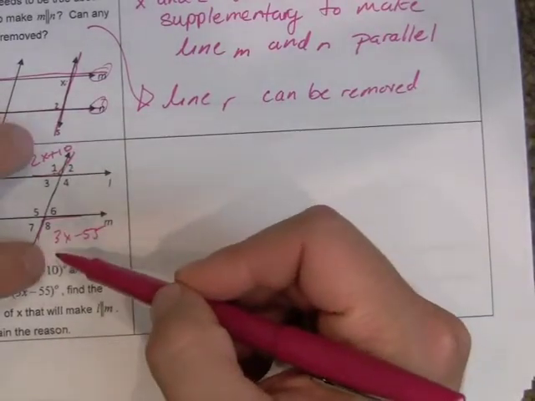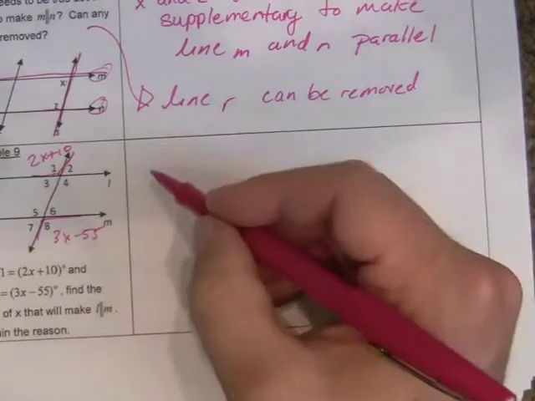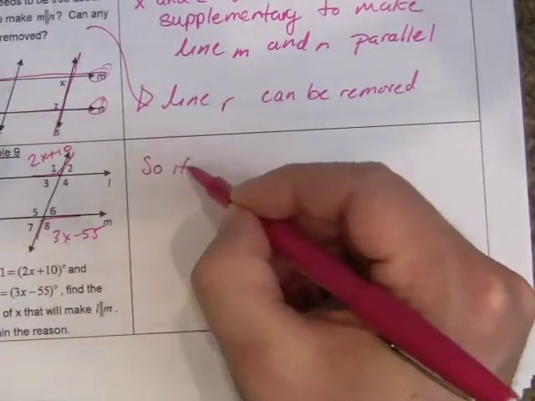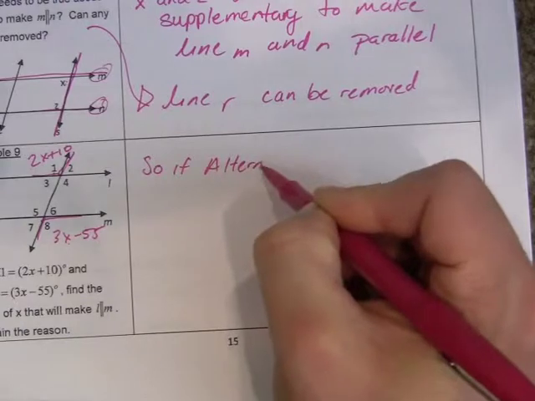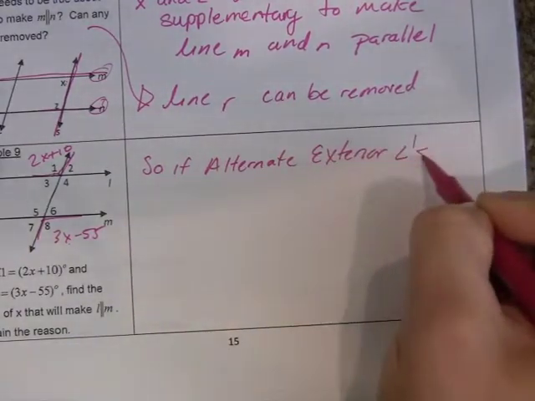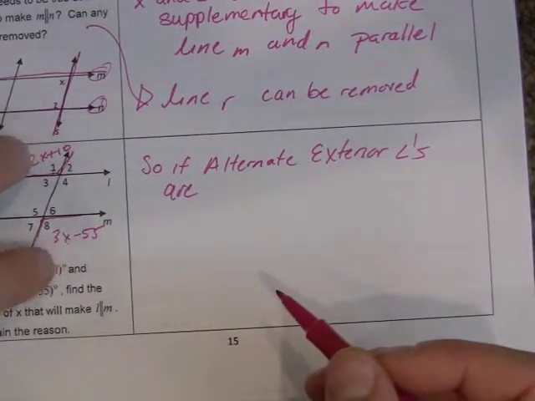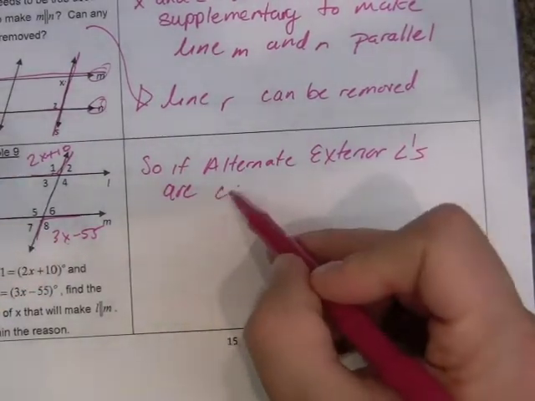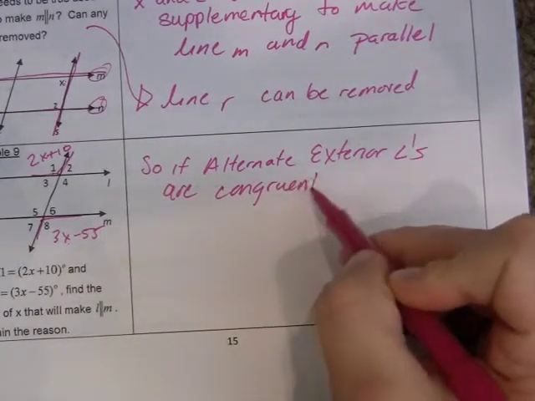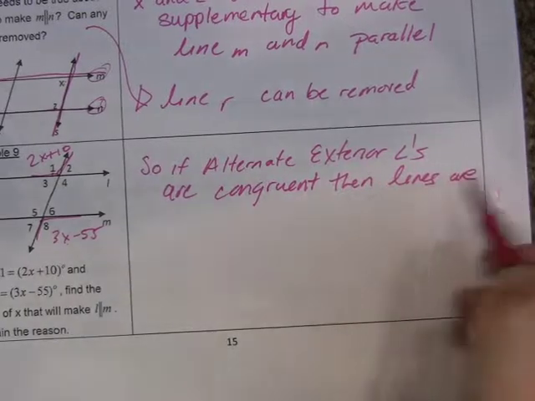Well, these are known as alternate exterior angles. If they're parallel, they would be congruent. So if they're congruent, then the lines are parallel.